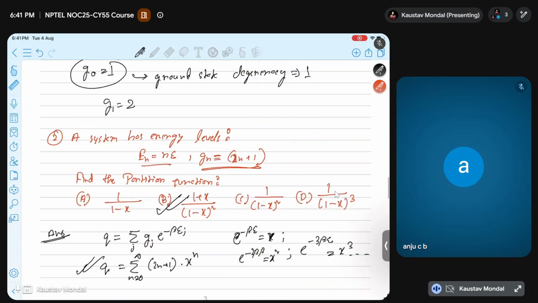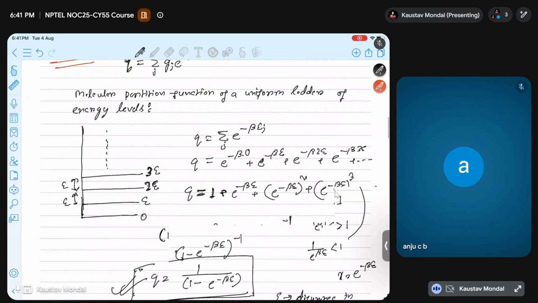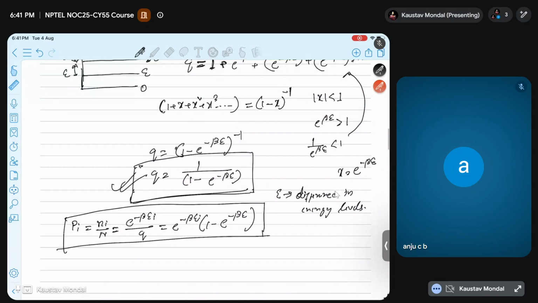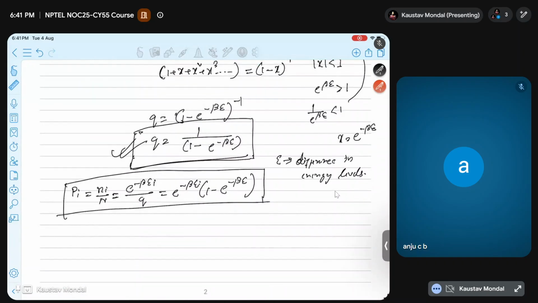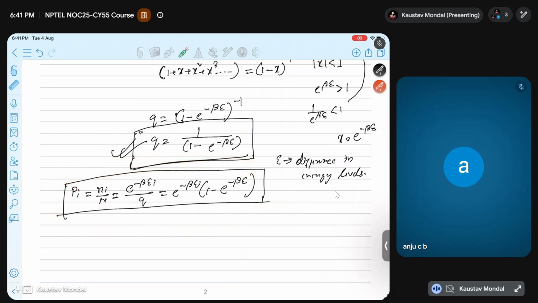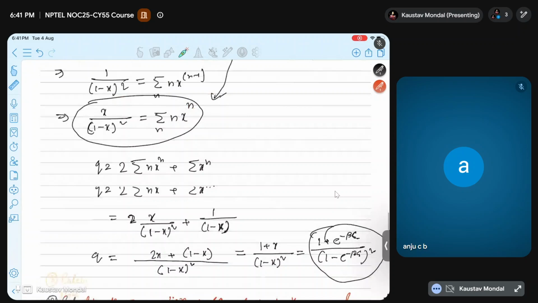The formula you already know: this was the formula for the partition function of a uniform energy ladder, and this was the formula for the distribution of the number of particles for the uniform ladder. We have to use both of these formulas to get the answers.